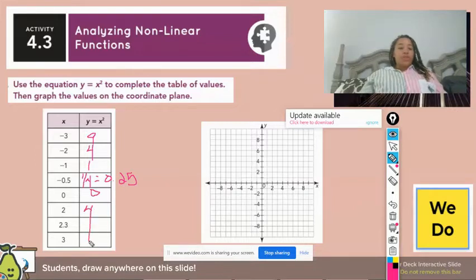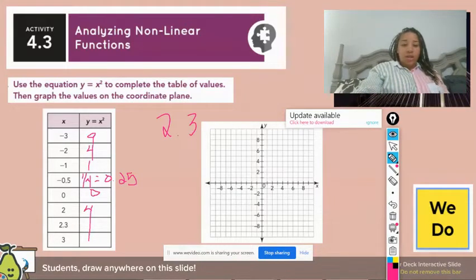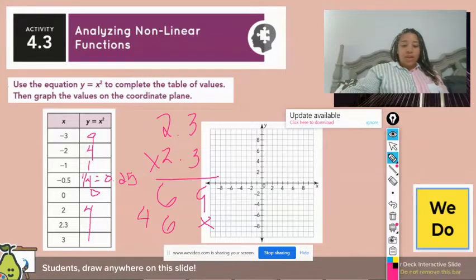2.3 times 2.3. Now for this one, you can't get your calculator out. I'm just going to do it by hand real quick. 2.3 times 2.3: 9, 6. And then I'm going to have my x here, and this is going to be 6, 4. Then I have, I'm running out of room. 9, 2, carry the 1, I have 5.